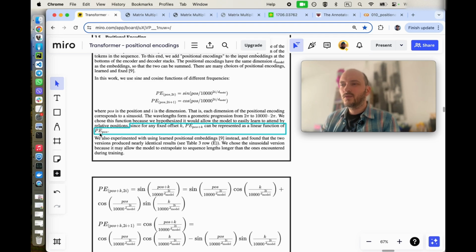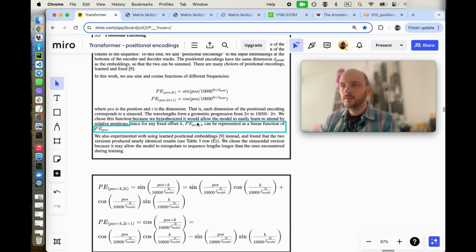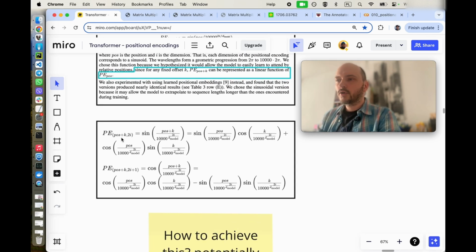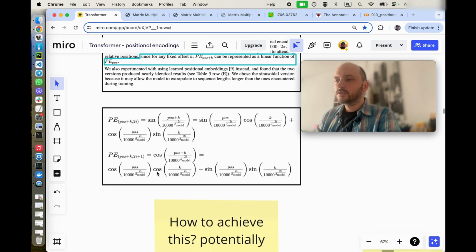I didn't quite understand what exactly they mean by linear function, and here I have the explanation of what it means. As you probably remember from math course, we can transform this formula of sine of pos plus k to this formula, and for cosine we can do almost the same transformation.